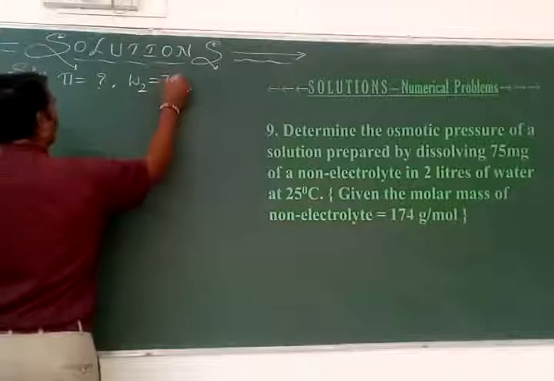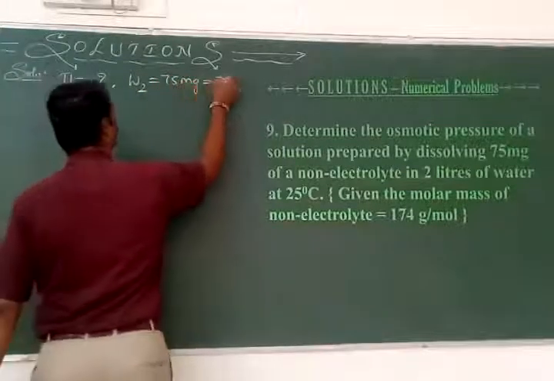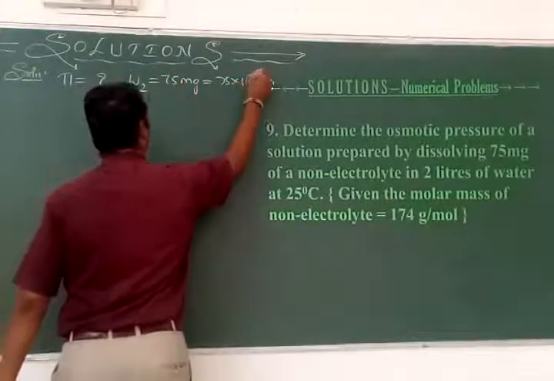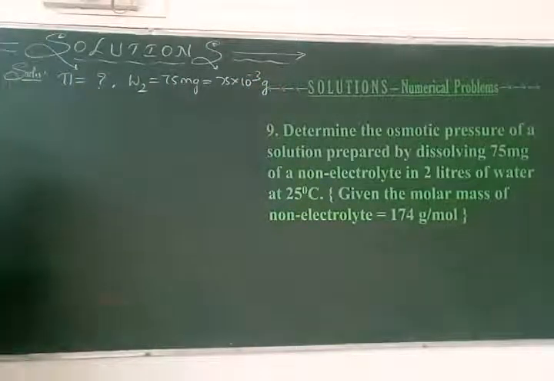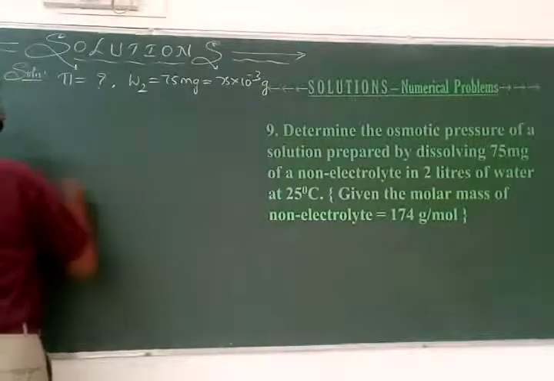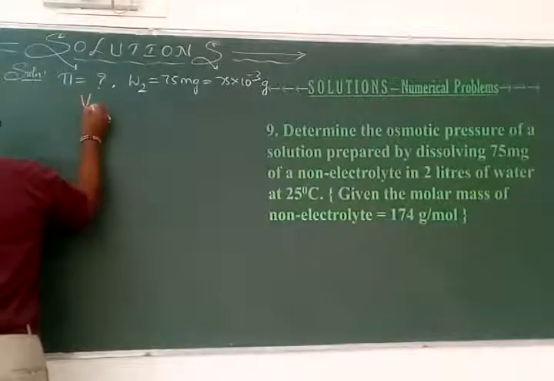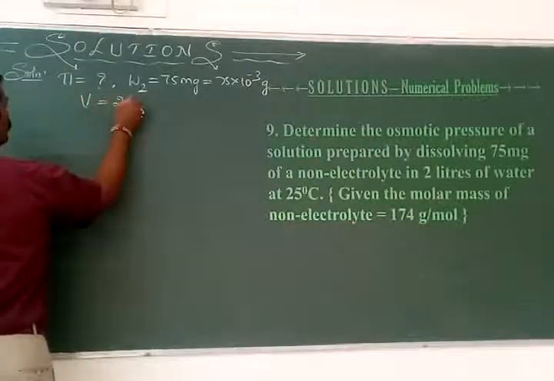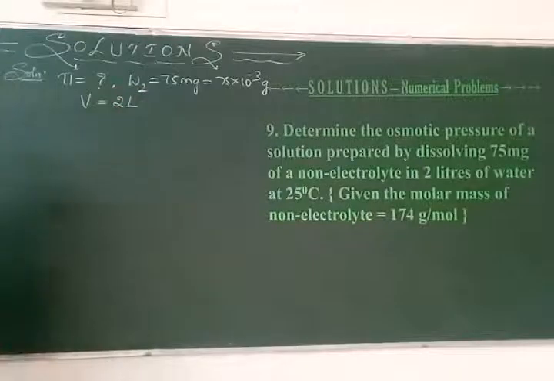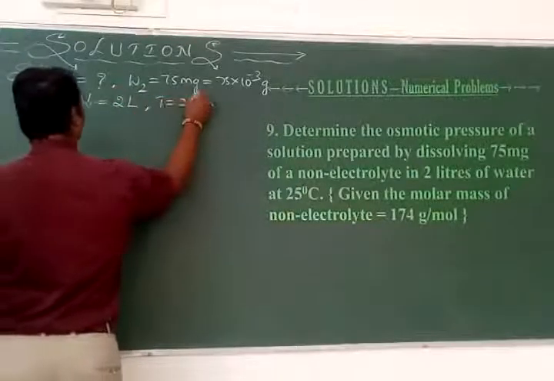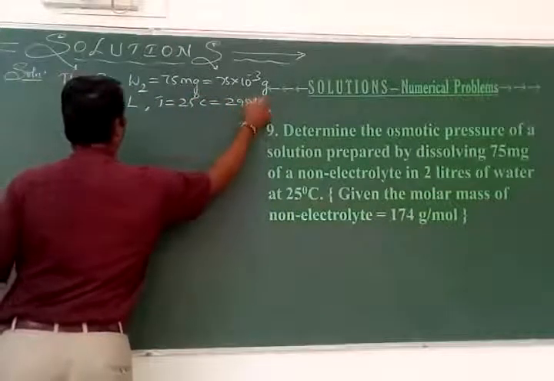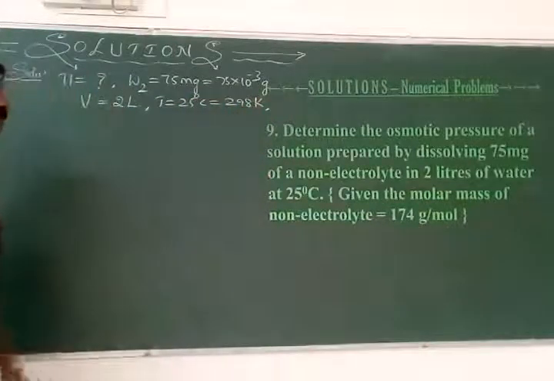W2 is equal to 75 milligrams, that is equal to 75 into 10 to the power of minus 3 in terms of grams. Then it is dissolved in how many liters? Volume of water is equal to 2 liters. And the temperature that has been recorded is 25 degrees Celsius, that is equal to 298 Kelvin.